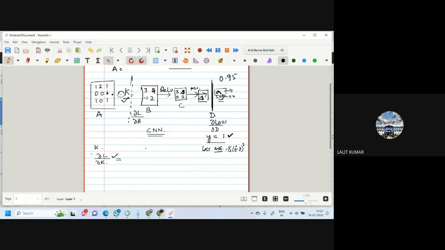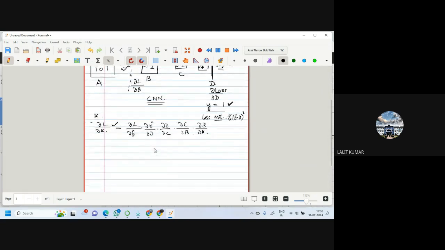This we can write as del L over del y hat, del y hat over del d, del d over del c, del c over del b, and del b over del k.